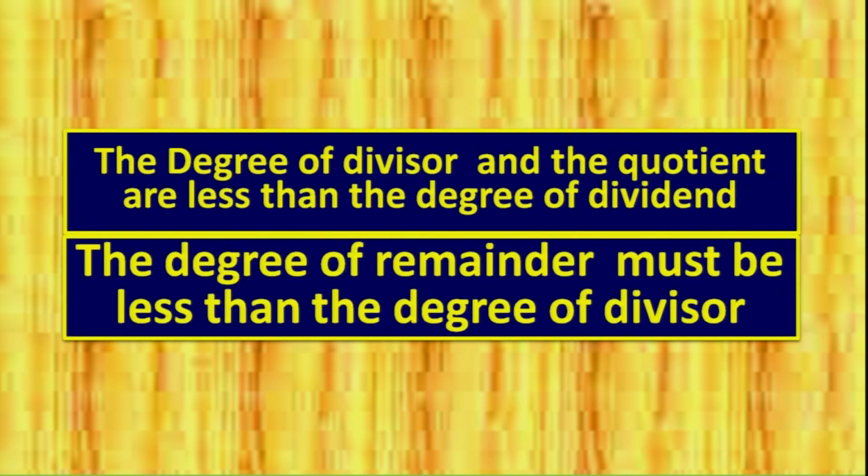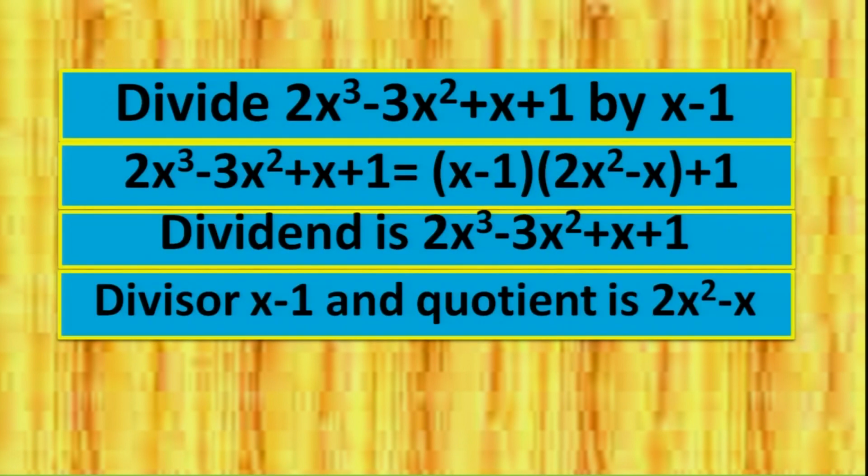And in this case, let's try to understand their degrees. The degree of the dividend is more than that of the divisor and the quotient, and the degree of the divisor is more than that of the remainder.